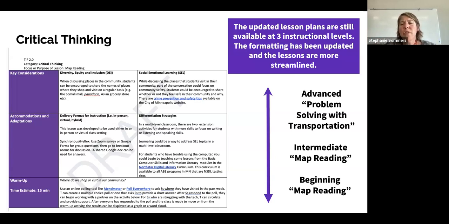That is one of the things that makes the new lessons nice, is they really follow a consistent format, and we've tried to simplify them a little bit, where the first few pages are the lesson, and then the materials can all be found at the end. These again are all open source. They were created to be shared and adapted with anyone who would be interested in using them. All right.